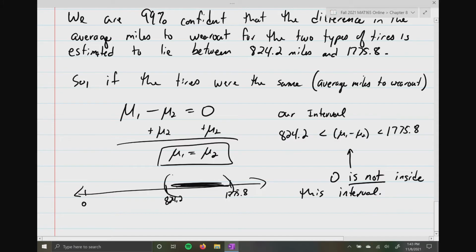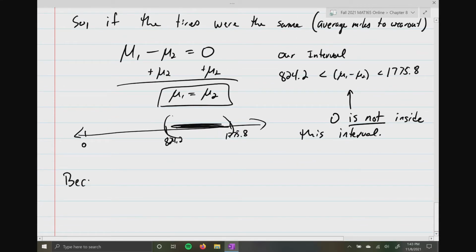And because it's not contained inside this interval, let me write this sentence out.